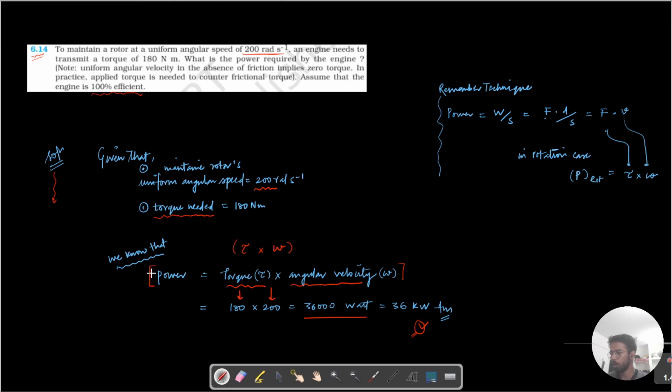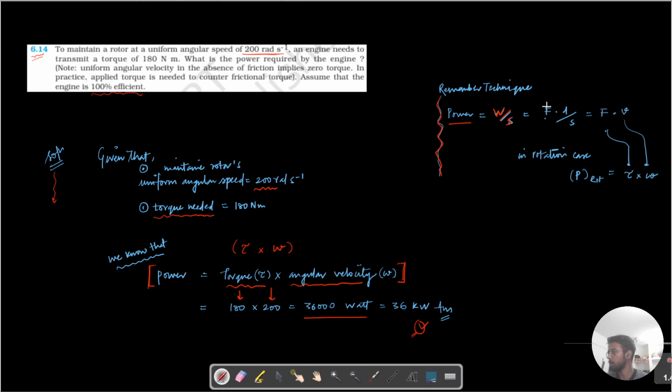But how is this power formula derived? If you learn that, you don't have to remember this, and you can also remember it for a long period of time. And if you don't know, then you can derive it. First of all, power for linear motion that you have studied in your previous chapters is work done per second.